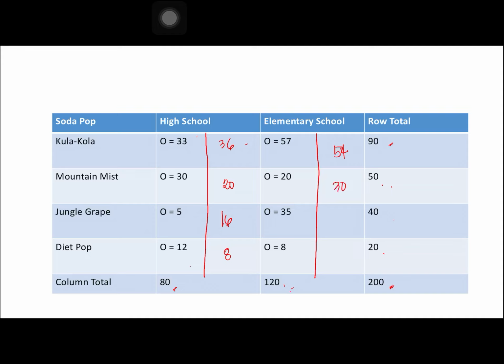And then we have 120 times 40 divided by 200, we have there 24. And then 120 times 20 divided by 200, we have there 12. Okay? Then, again, compute for the observed minus expected squared over expected value, and then we get the sum.